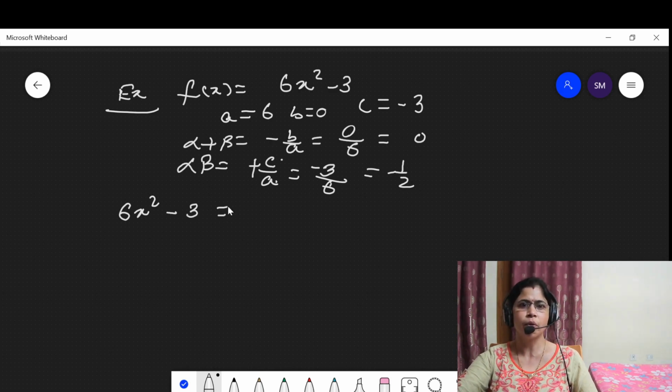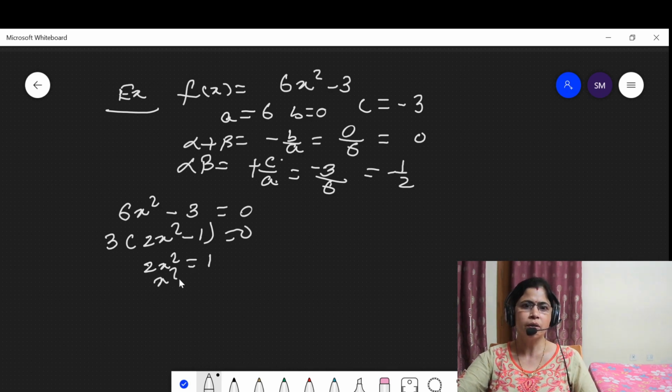Here 6x square minus 3 is equal to 0. Then take 3 common, this is 2x square minus 1 is equal to 0. This shows that 2x square is equal to 1, x square is 1 upon 2, x is equal to plus or minus 1 upon root 2.